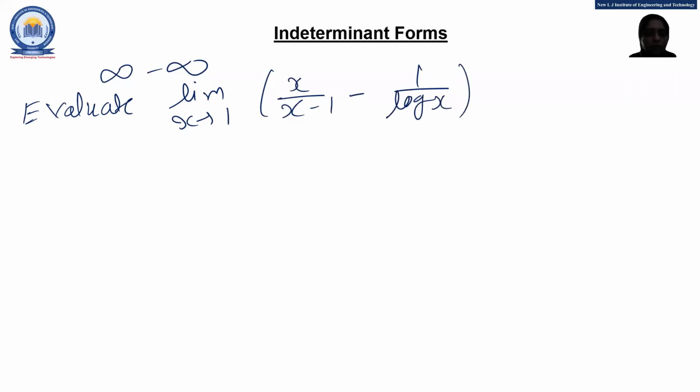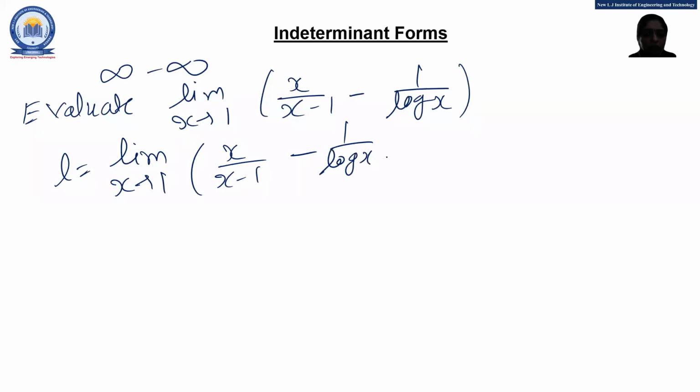After applying the limit, you may find that the given function is the infinity minus infinity form. For the solution of the infinity minus infinity form, in most cases, you have to take the LCM first. Remember, you have to take the LCM first.